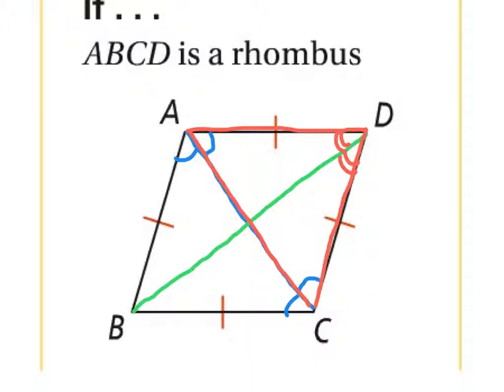So we know that this segment has to be congruent to this segment, which is fine because that's actually one of the properties of a parallelogram. A property of a parallelogram says the diagonals bisect each other. Cool, another detail, connecting the dots. It's a median and it's perpendicular. It's an altitude. Okay, and that's where then the theorem for rhombuses come into play, in that the diagonals are perpendicular to each other. Okay?